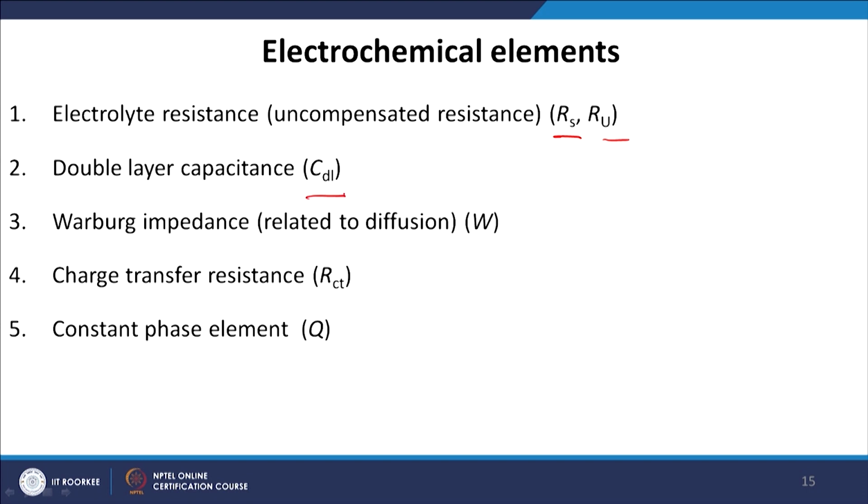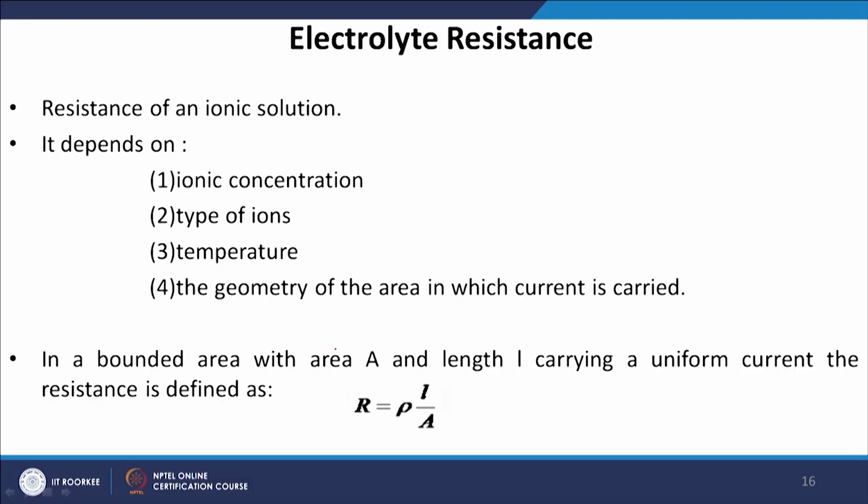Then there can be the double layer capacitance CDL, the Warburg impedance related to diffusion which is represented by W, the charge transfer resistance RCT, or the constant phase element Q. So, whenever we model the circuit, we have to keep in mind all of these factors: the electrolyte resistance, the double layer capacitance, the Warburg impedance, the charge transfer resistance, and also the constant phase element.